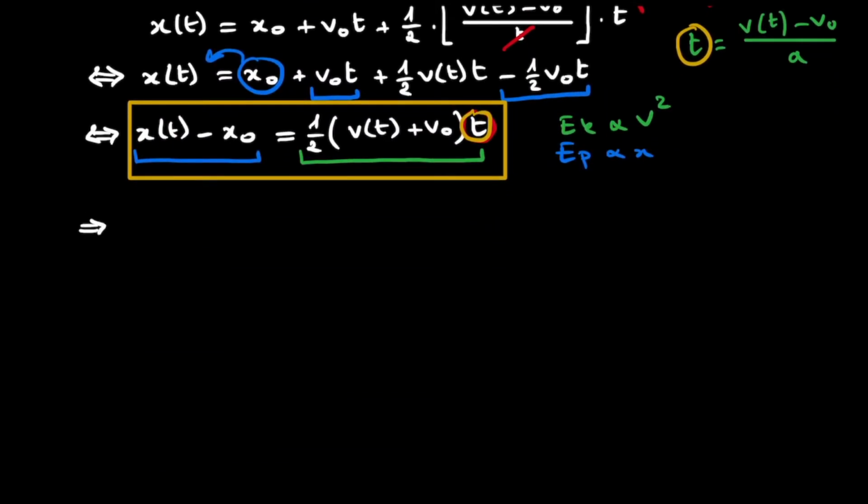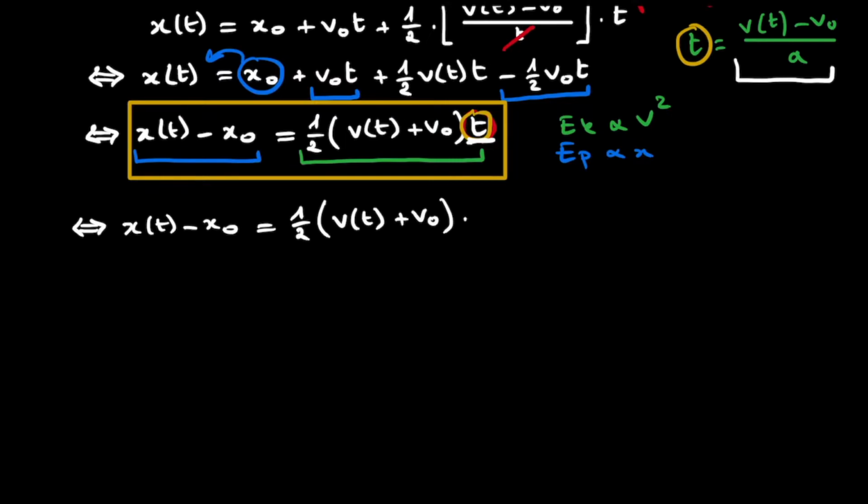So we can rewrite the result that we had as x of t minus x0, which is just copying. And this will be equal to 1/2 multiplied by v of t plus v0 multiplied by this t right here. But now we know that t can be rewritten as this term in terms of the velocity and the acceleration.